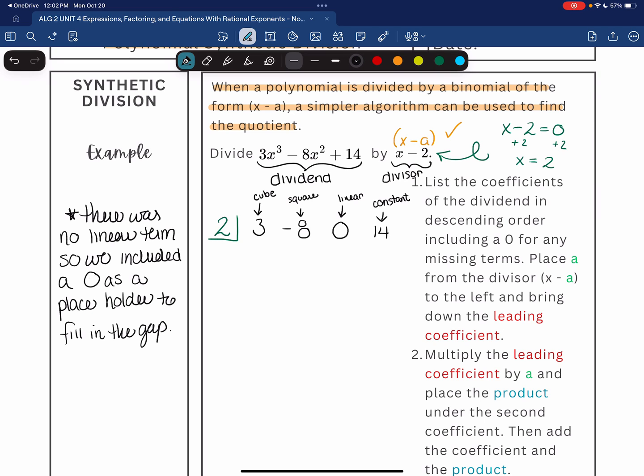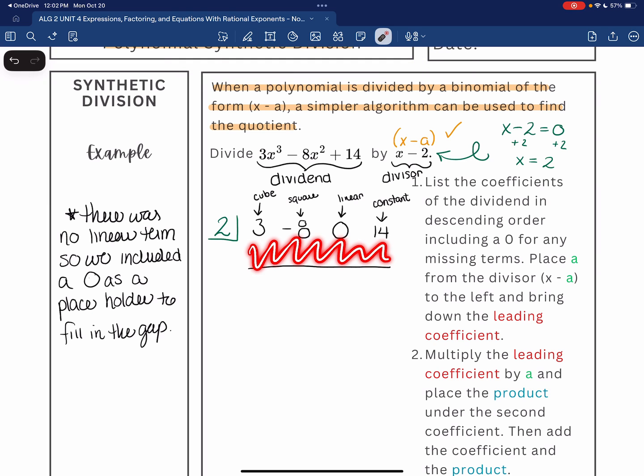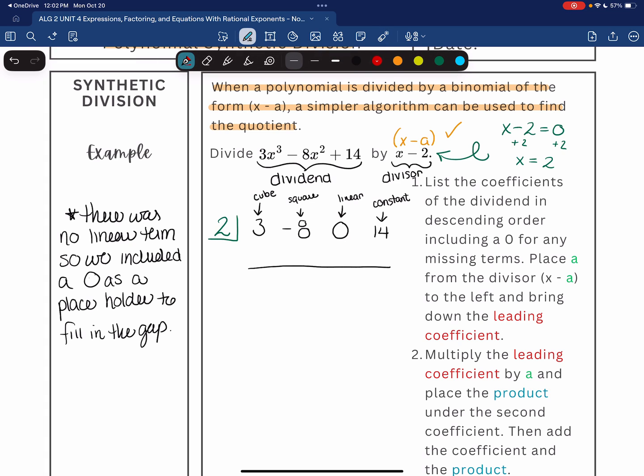All right. Then we'll set up a little bar right here. Leave some space right here. We're going to have values that get filled in right there. Then right here, we bring down that leading coefficient of 3. So here's my leading coefficient.